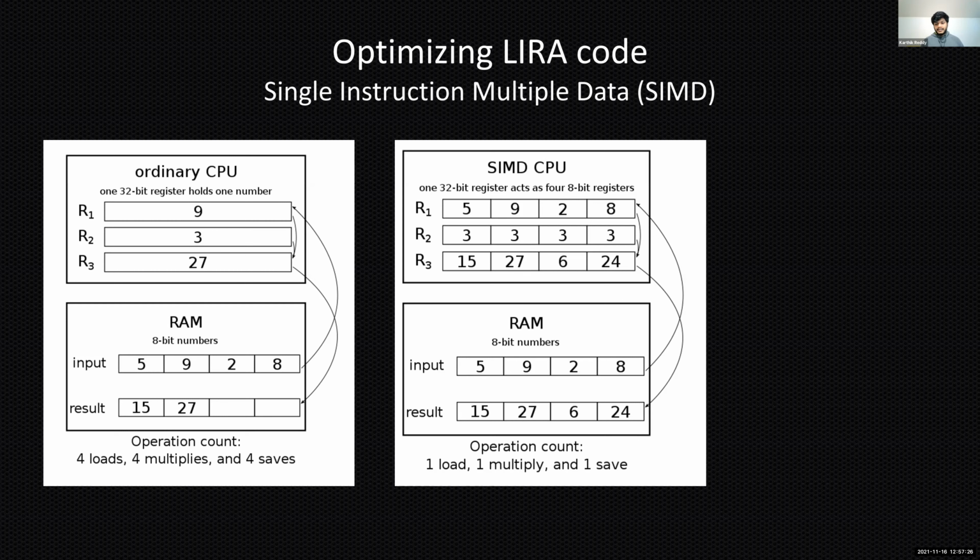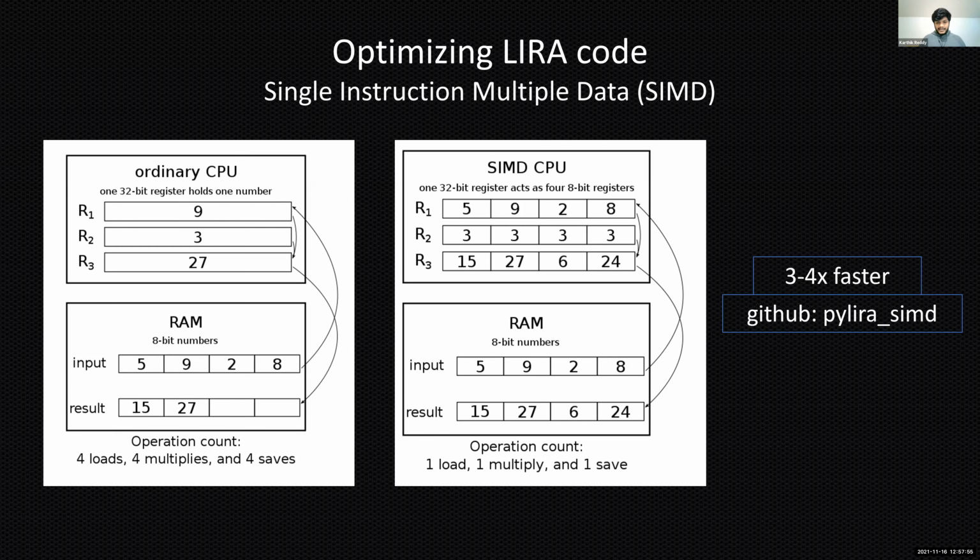So I changed the data structures in the algorithm to be 1D instead of 2D, and then I used these intrinsics to optimize the code, and it results in a 3 to 4 times speed boost in the program runtime. This is an experimental Python package available with the name PyLIRA_SIMD if you'd like to try it out.